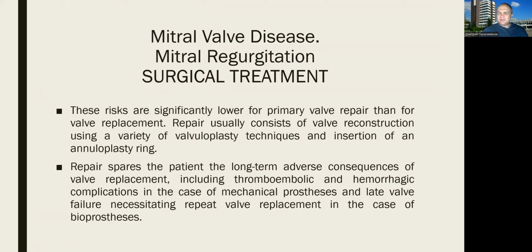Repair spares the patient the long-term adverse consequences of valve replacement, including thromboembolic and hemorrhagic complications in the case of mechanical prosthesis and late valve failure necessitating repeat valve replacement in the case of bioprosthesis.